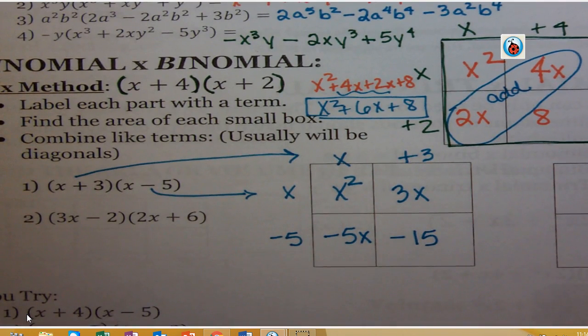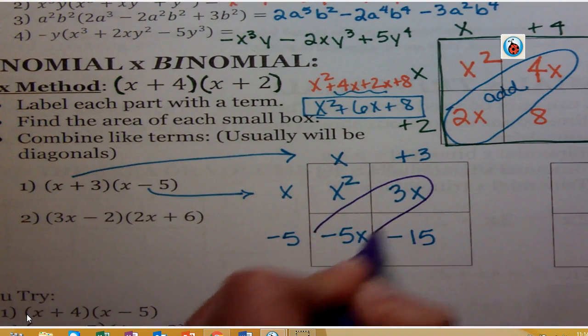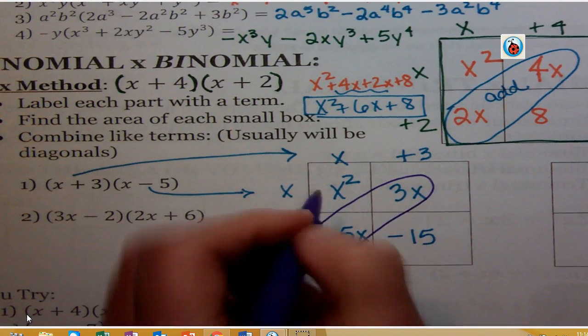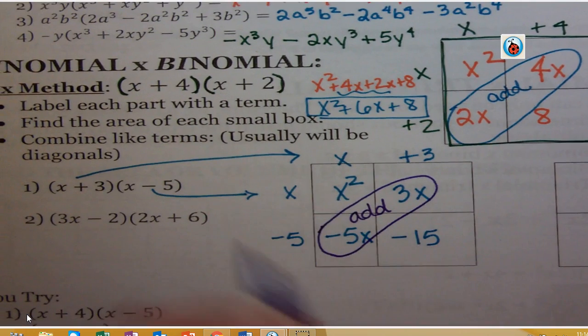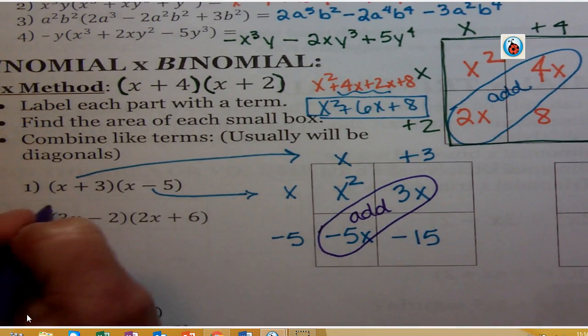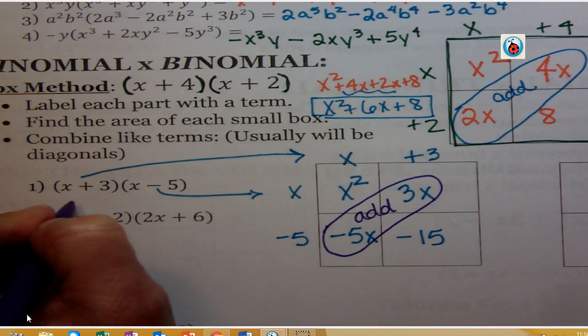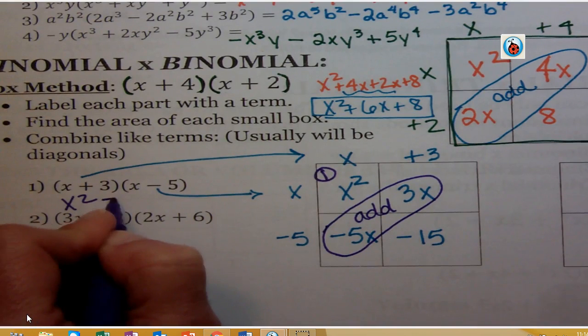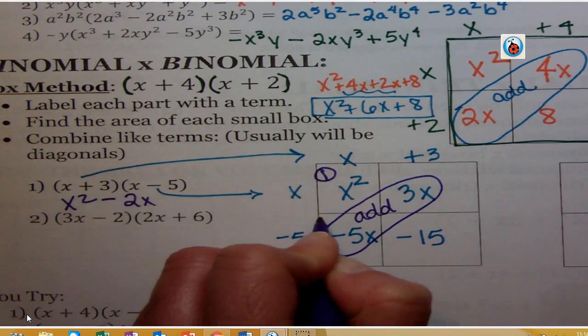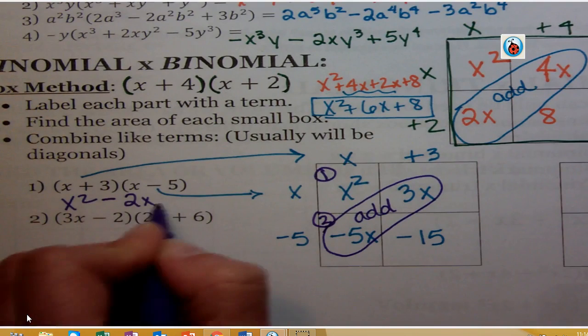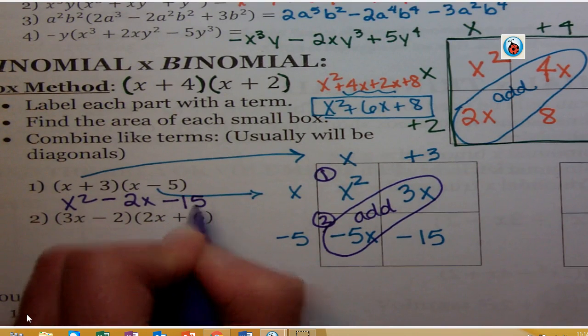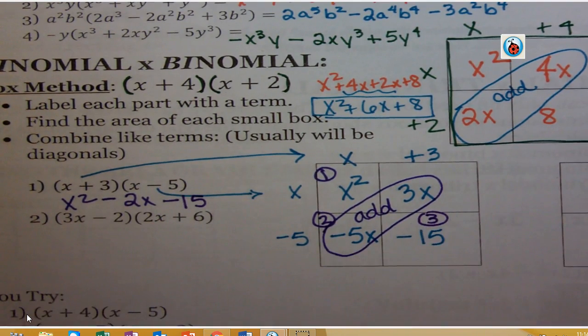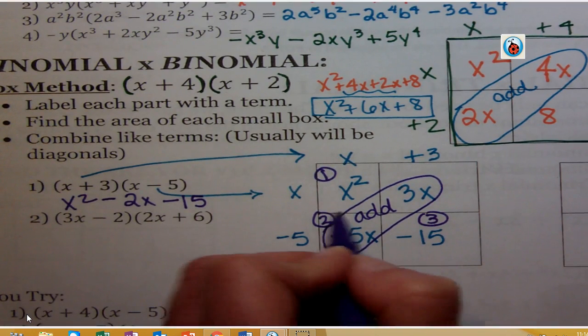Now I can combine those terms and I would add them together because they are like terms. When I do that, I'm going to get x squared minus 2x minus 15. Okay.